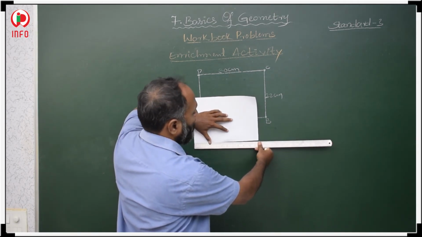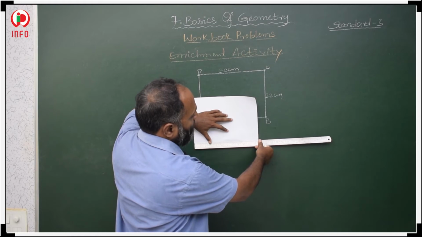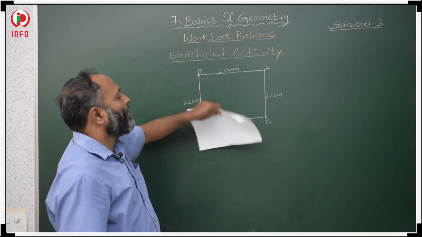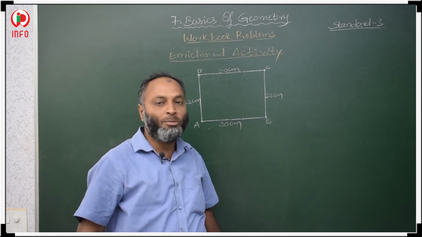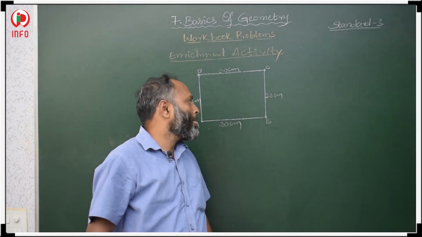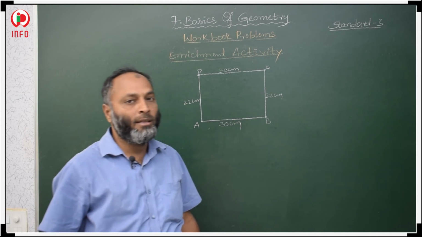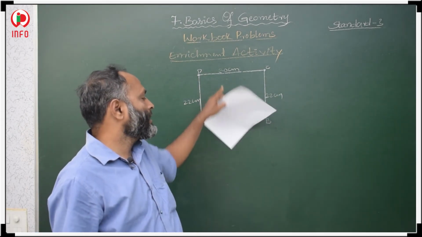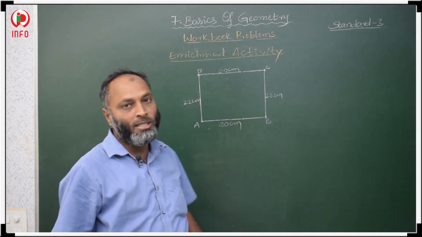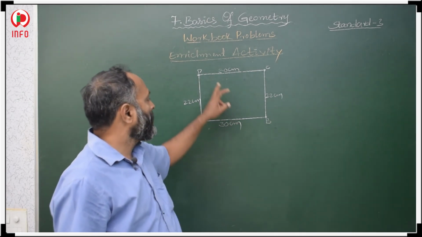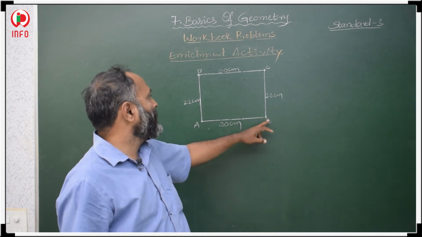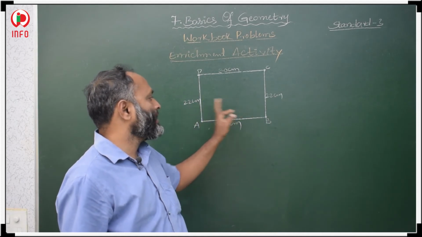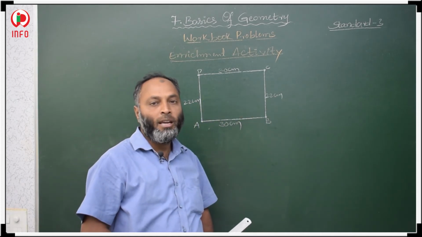Or draw the A4 size paper's length and breadth, then remove the paper and find AB, BC, CD and DA lengths. AB and CD, these two opposite sides, have equal length, 30 centimeters and 30 centimeters. And BC and AD are opposite sides, they are equal in length.